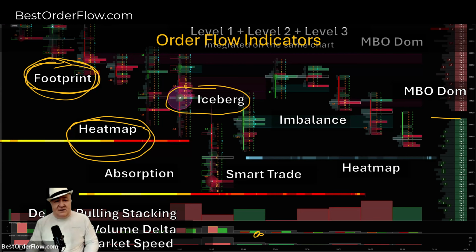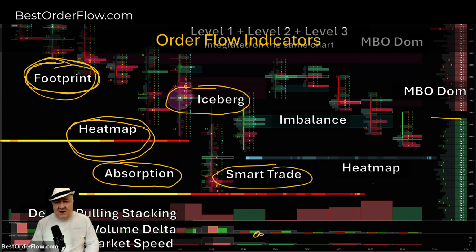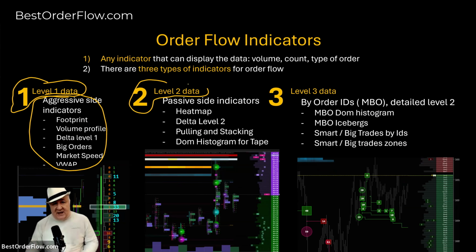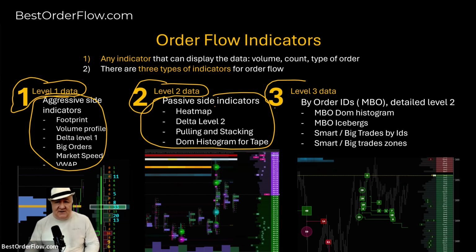Okay, so there's a bunch of indicators, as you can see over here. There's level 1 data, and based on the level 1 data we can see a number of indicators. Based on the level 2 data, we see the other indicators right over here, right? And based on level 3, or detailed level 2, we can see another set of indicators.